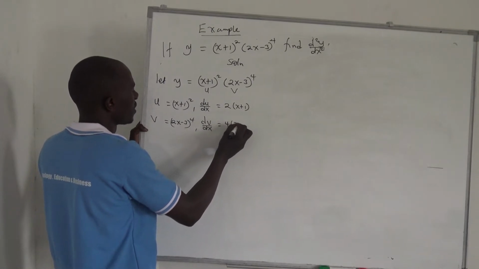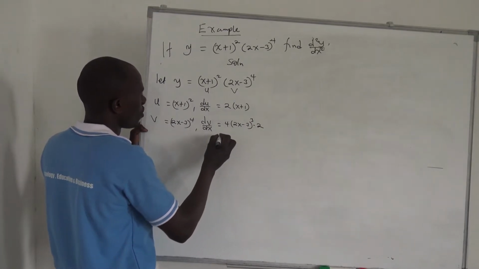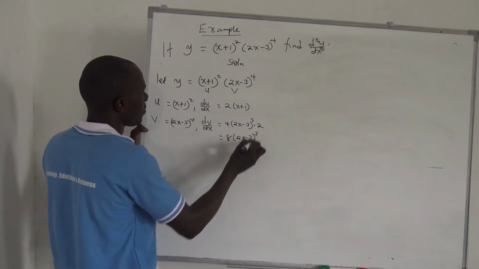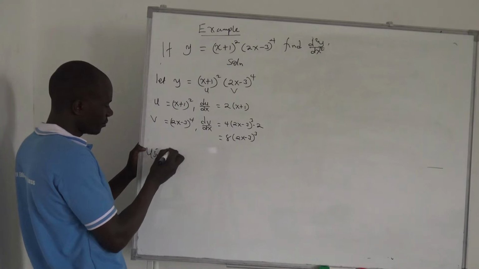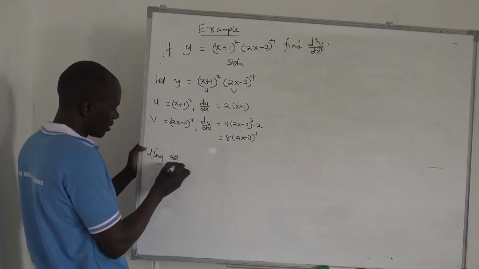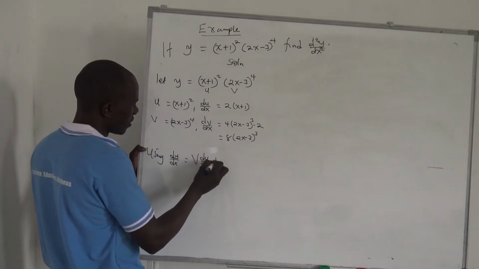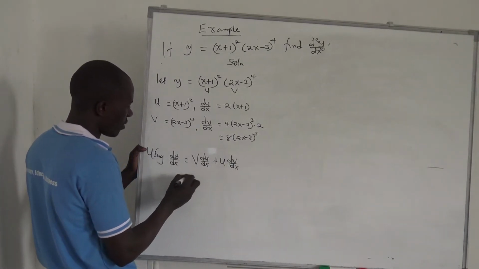4 into (2x minus 3) to the power 3 times 2. What do you get? 8 (2x minus 3) to the power 3. Then we use dy/dx equals v du/dx plus u dv/dx.